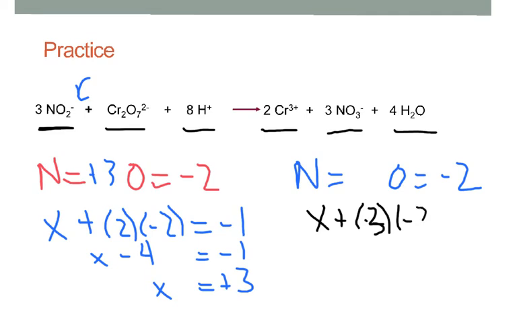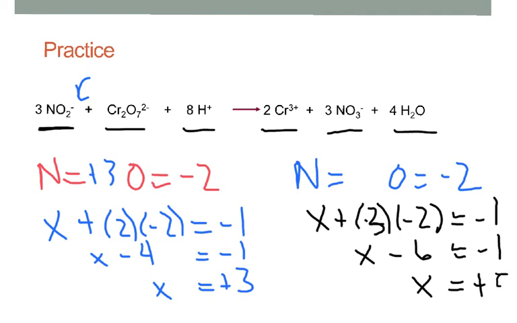Each oxygen is -2. This overall has to sum to -1. So we have X minus 6 is equal to -1. So X has to equal +5. So now we need to compare these two numbers.